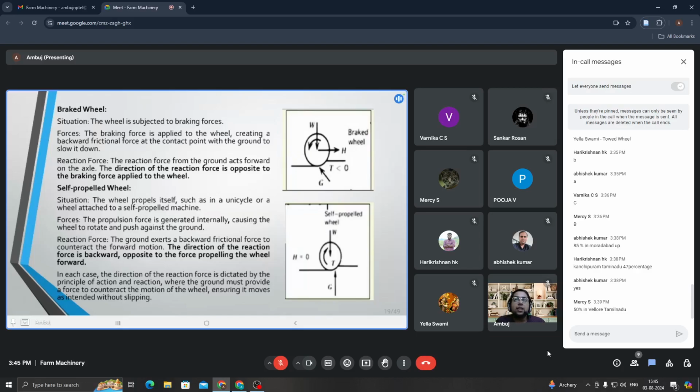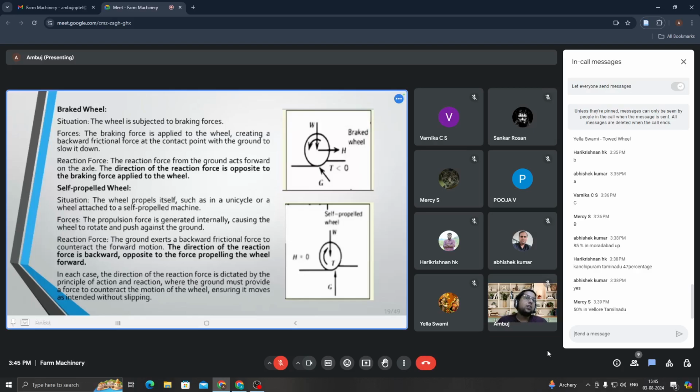But in case of the self-propelled wheel, since no frictional force is being offered, just to counteract the weight which is coming onto the tire, the direction of the ground reaction would be in a straight line.